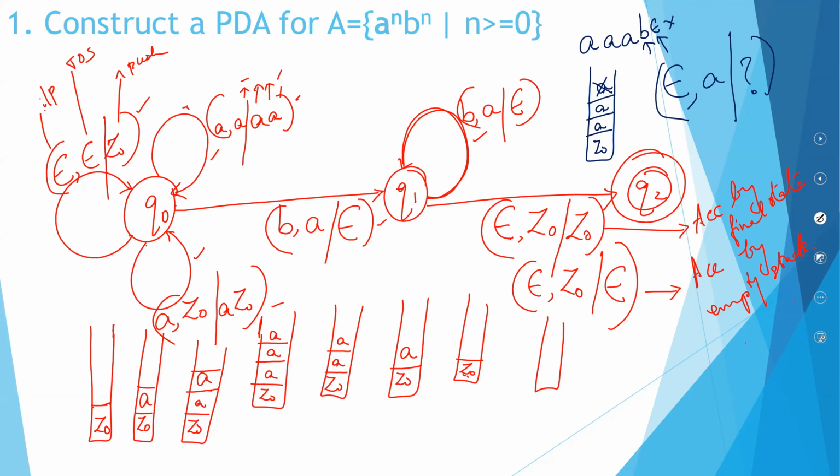The top of the stack is A, and you need to know what to do. Your transition diagram does not give you such a case, which means this particular string is invalid. Your PDA rejects this particular string.